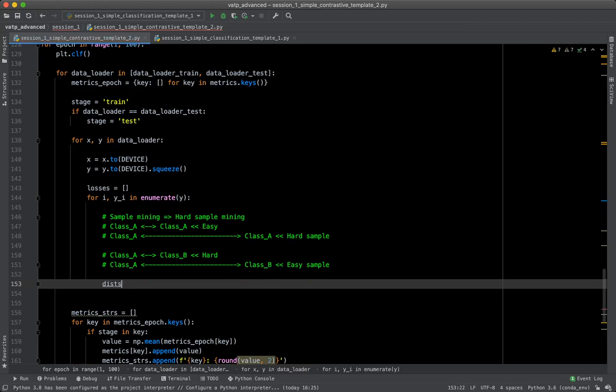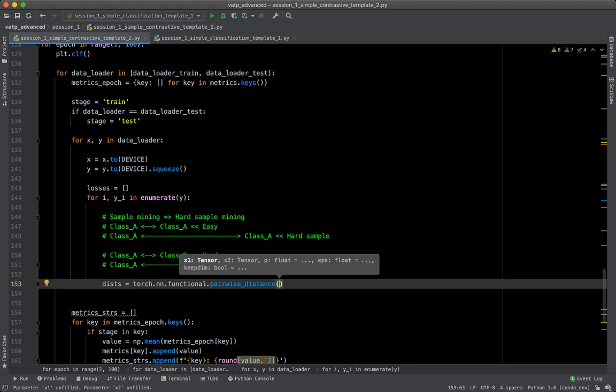So these will be the pairwise distances, torch.nn.functional, I think it was functional, then pairwise distance. You can also have cosine similarity here, and then 1 minus cosine similarity would be the distance. That is also a good metric. With cosine, there are really nice properties.